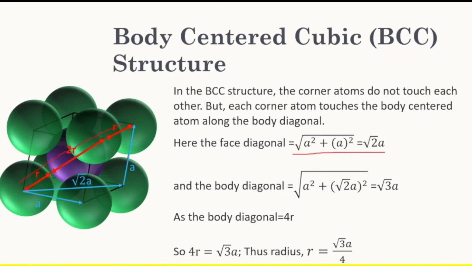Here this is the body diagonal, and because of the body center atom and the corner atom, the total length is 4r, so this 4r will be equal to under root 3a, and so the radius of the body centered atom will be r is equal to under root 3a by 4. So as you can see here, the body center atom touches the corner atoms, but corner atoms do not touch each other.